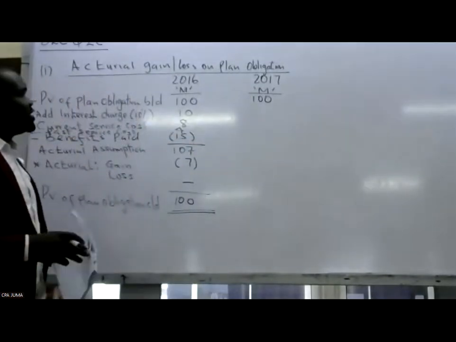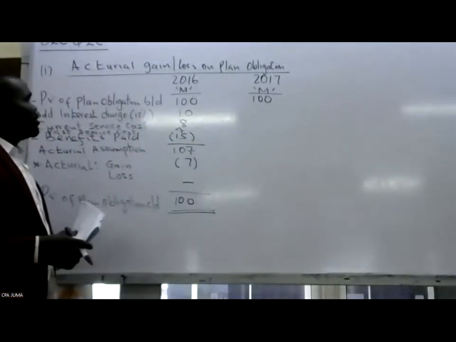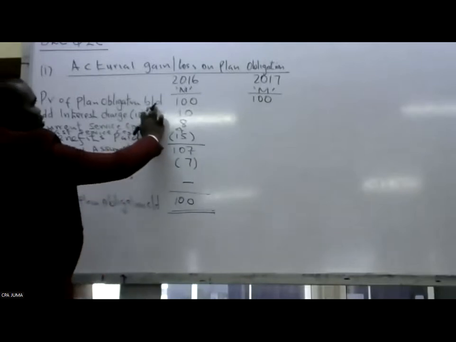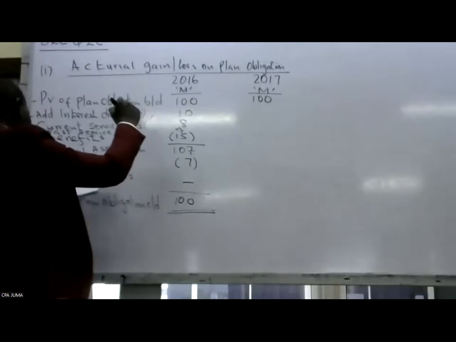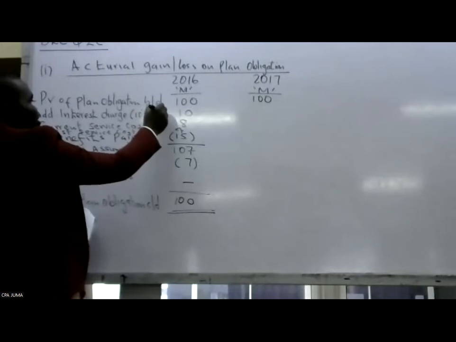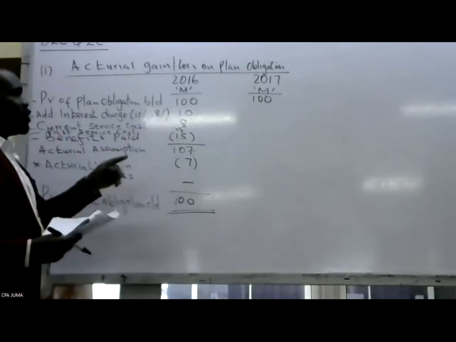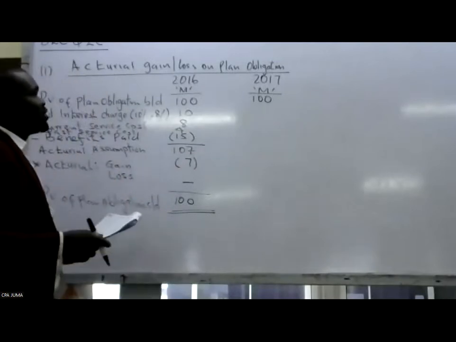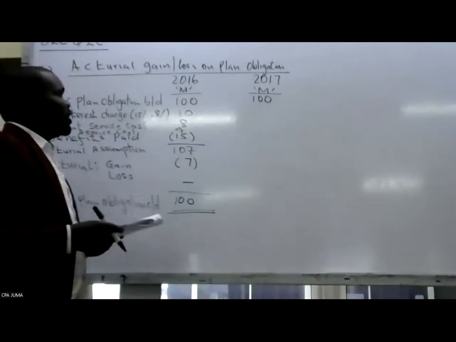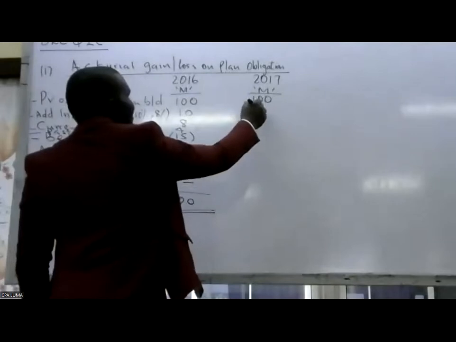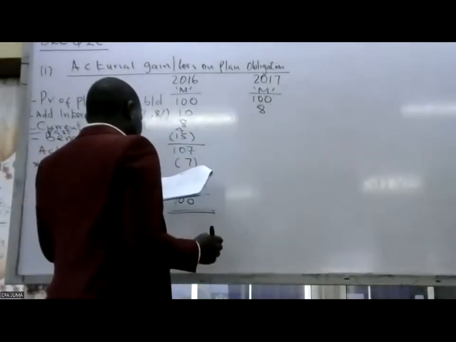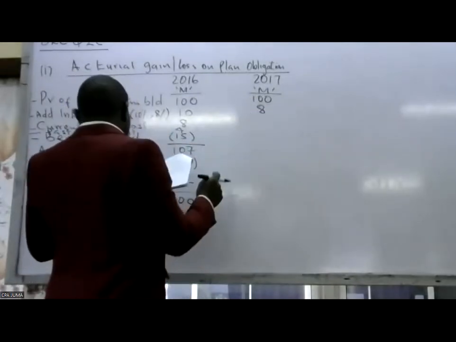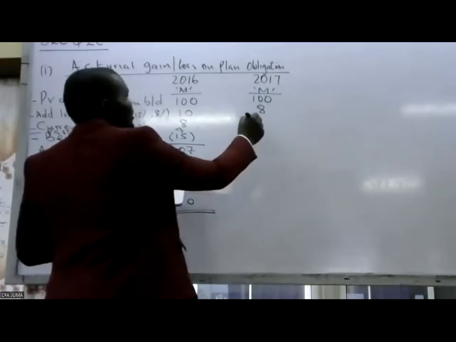In 2017, interest charge. So this one was 10%. This 2017, what rate are they charging? 8. So 8% of 100. How much is that? 8. Current service cost? 10.